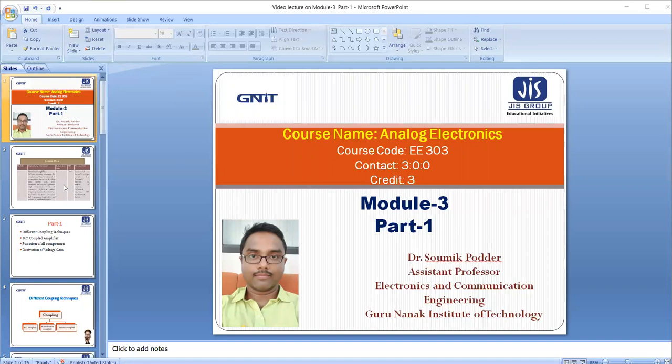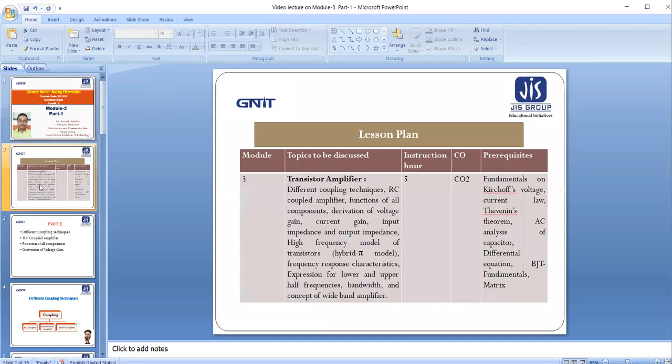Now, before going to the detailed discussion of this part 1 of module 3, let us have a look at the lesson plan of this module.